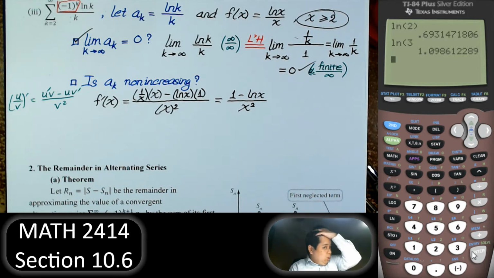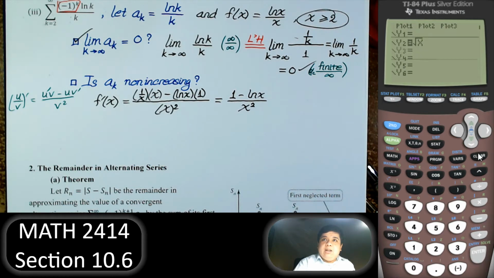So I will graph the function 1 minus ln of x over x squared. It's kind of difficult to see, right?